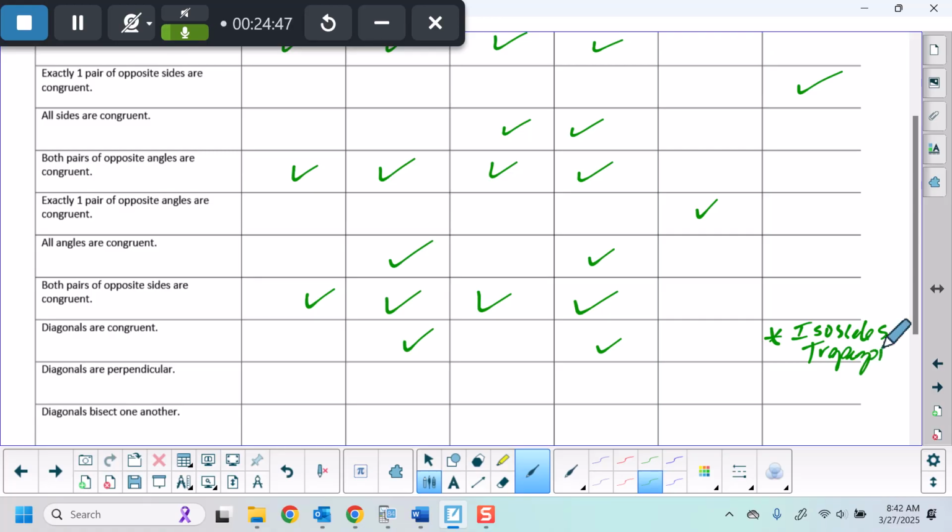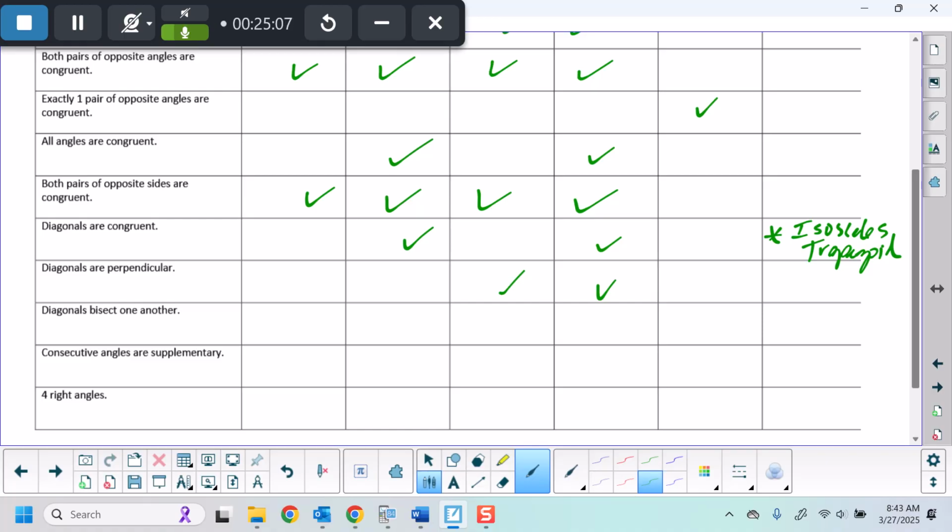Took me a minute to spell isosceles. Only if it's an isosceles trapezoid. Diagonals are perpendicular. That's going to be in our square and our rhombus.